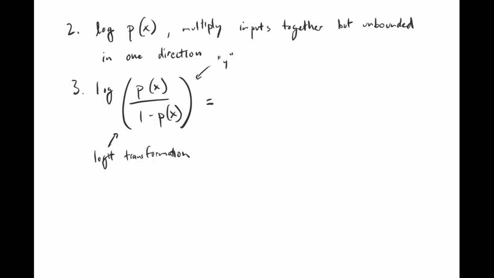When we do the 0 and 1, treating it as a probability, p of x is the y. So in step 2, you're just logging it. In step 3, you are transforming into this logit, and then the rest of it is still kind of like a linear function. So y is the log odds, or the log of odds.